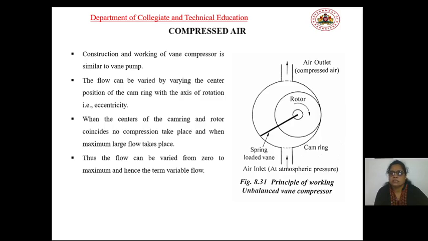That distance is nothing but eccentricity. When the centers of the cam ring and rotor coincide, there is no compression, that is no eccentricity, and when the maximum eccentricity is there, the maximum flow takes place. Thus the flow can be varied from 0 to maximum, and hence the term variable flow.